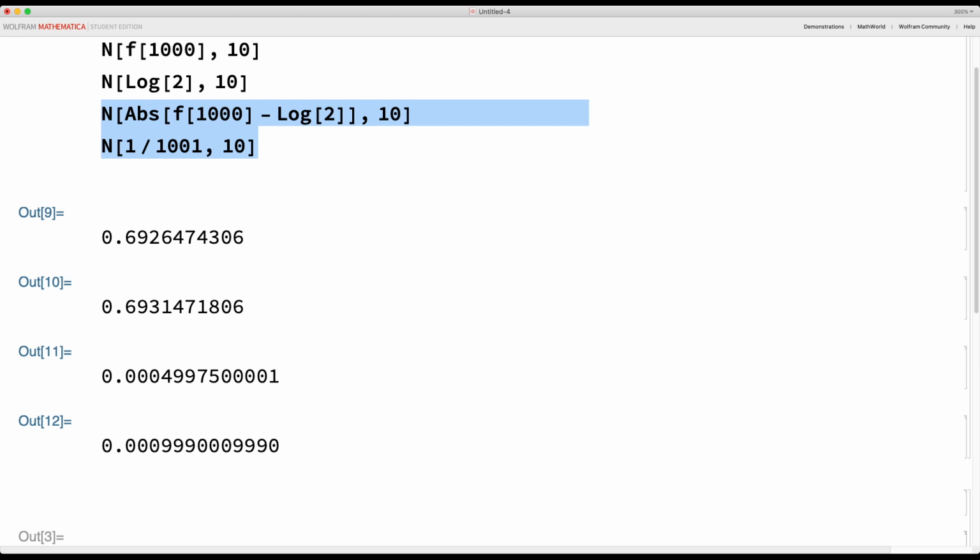What can you tell me about the relationship between those two numbers, the bottom two? Remember, what's labeled there as out 11 is the actual error, and what's labeled there as out 12 is the value of the first term of the sequence that I omitted.